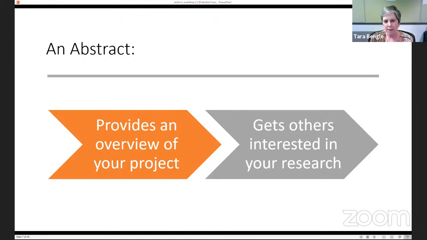You might be presenting at a conference, or you might submit your paper to our undergraduate research journal. And that reviewer is going to look at your abstract, and as people read your abstract, they're going to be determining if that research is relevant to their interest, and if they want to continue on and read your entire paper or come to your presentation.